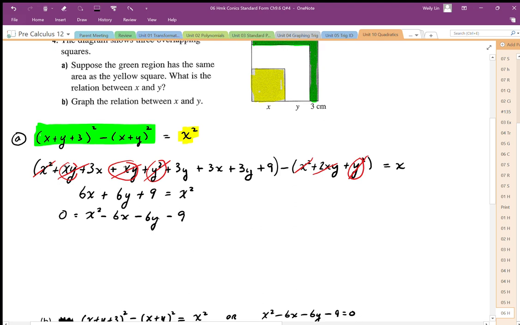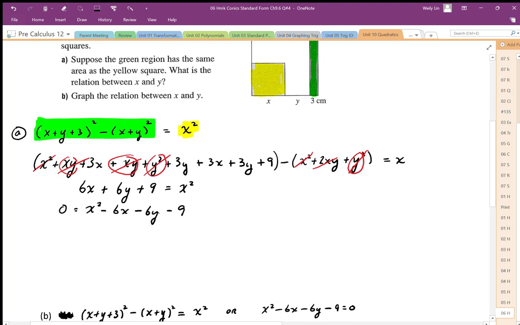Okay, so if I want to simplify this, this is a parabola, a vertical parabola, so I'm going to make it y equals. I end up with x squared minus 6x minus 9, and then I could divide this all by 6, so we have a leading coefficient of 1 over 6, and if we want to complete the square, we can.